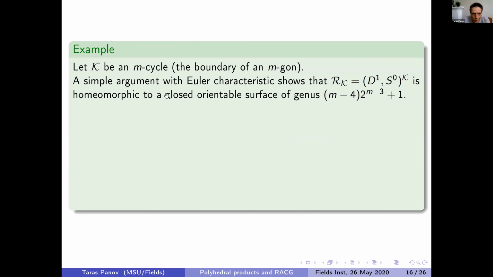First, if K is just an m-cycle, the boundary of an m-gon, then the real moment-angle complex can be proved to be an orientable surface of some particular genus. So you get a sphere, then a torus, then a surface of genus 5, a surface of genus 17, and so on.